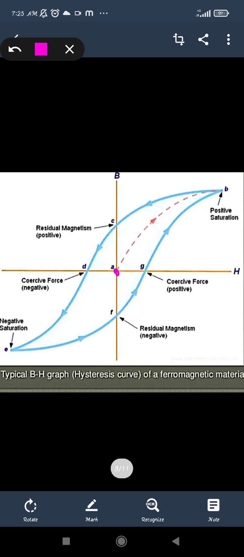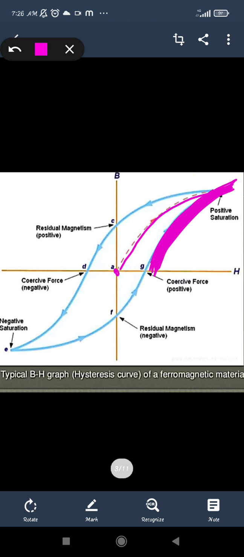Now as the magnetic field intensity increases, the magnetizing field also increases, due to which the intensity of magnetization, I, will also increase. The figure shows that it is increasing, right? This is the initial buildup, the curve for the increase, the positive saturation, a positive value on the graph.